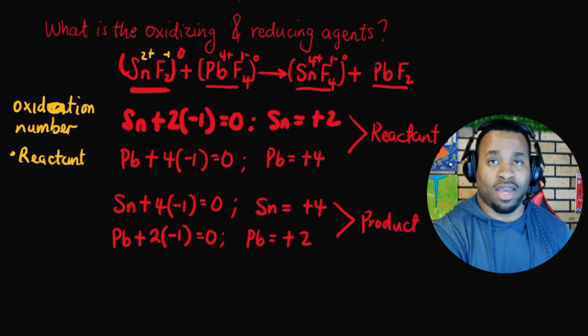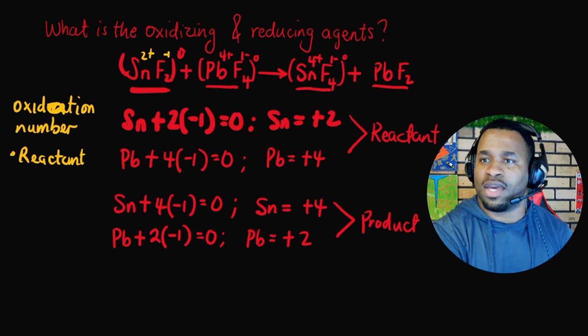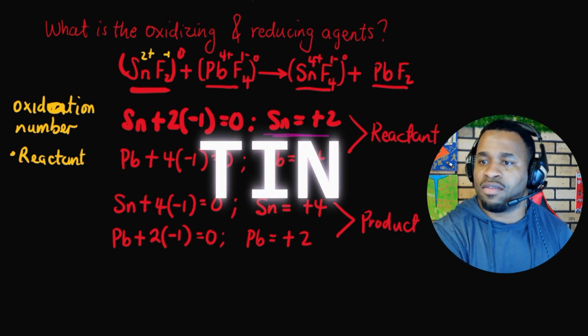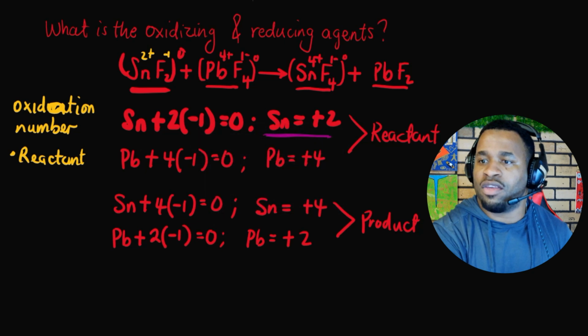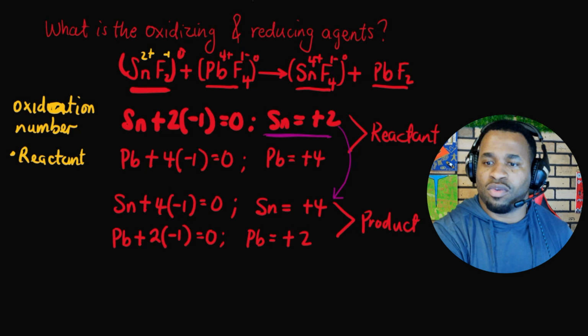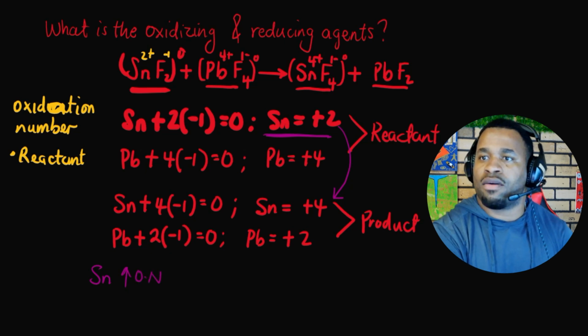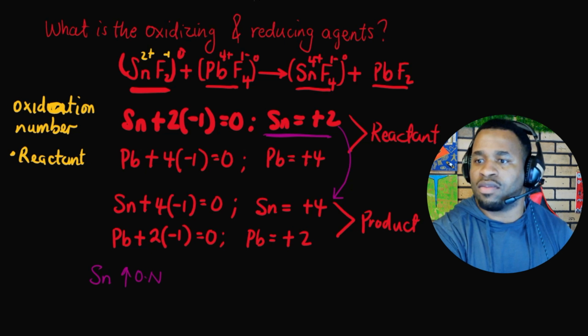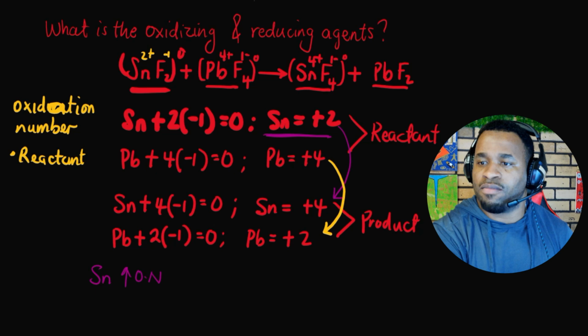This is quite interesting, because now we can see some changes. Our tin is changing from +2 to +4, which shows that it is increasing in its oxidation number, and our lead is decreasing from +4 to +2.